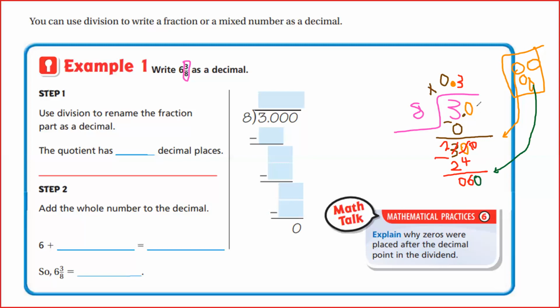And if I add it down, I must add it up. Then 60 over 8, 7. So 7 times 8, it's 56. Then subtract, remainder is 4. Now, is my remainder 0?